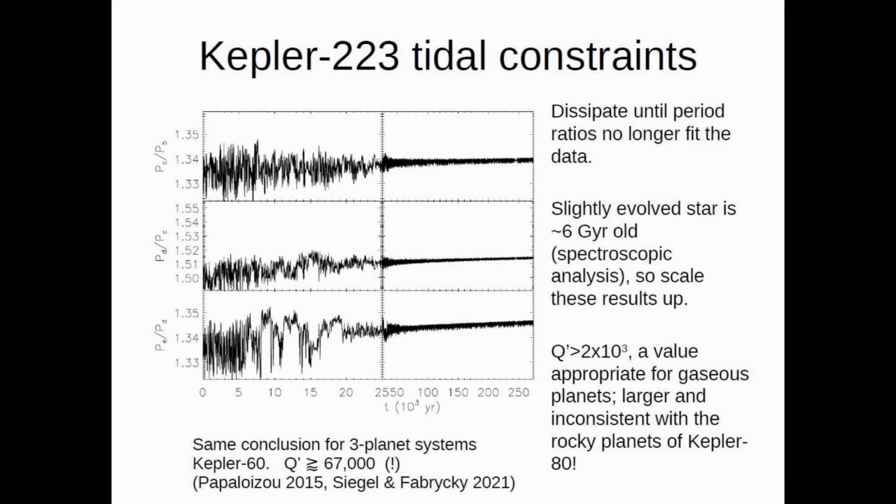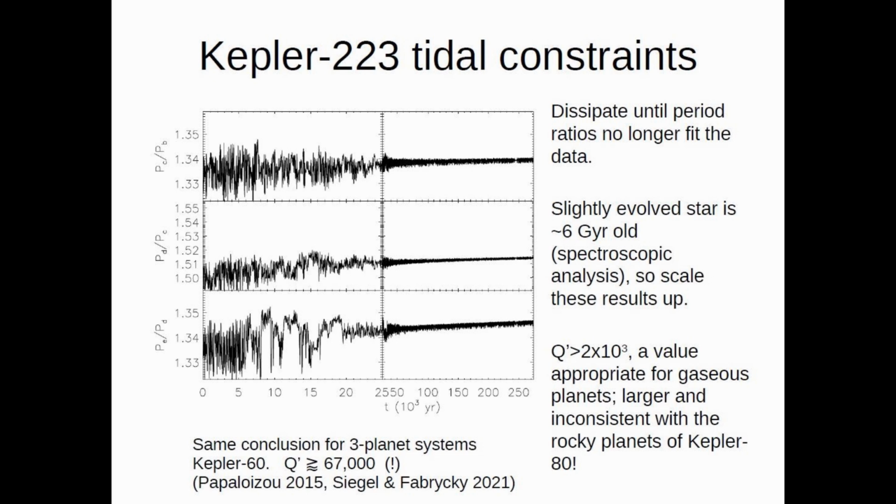All right, now you'll think back to Kepler-223, and I said that those planets had not spread from the resonance. So we can play the same game for it and apply some dissipation and wait until the planets have spread far enough away from the resonances that it no longer agrees with the data. So this is pushed out to 1.51, and I said no, it's really close.